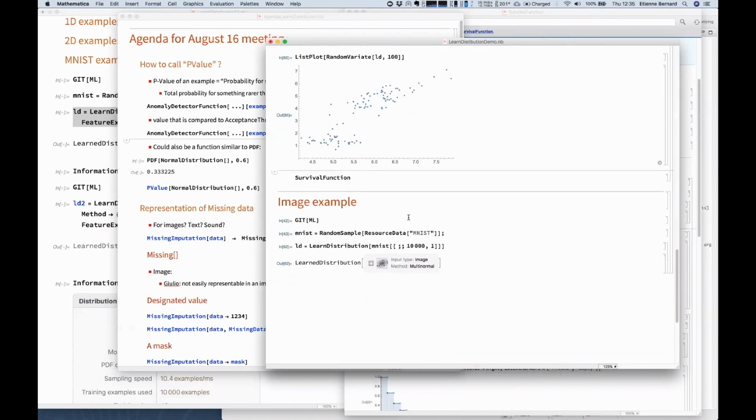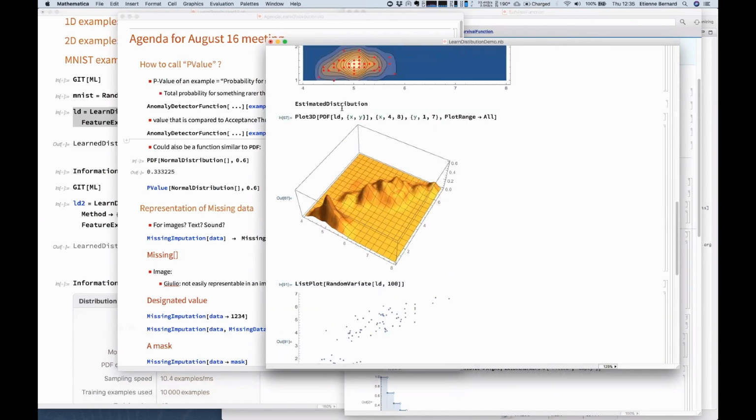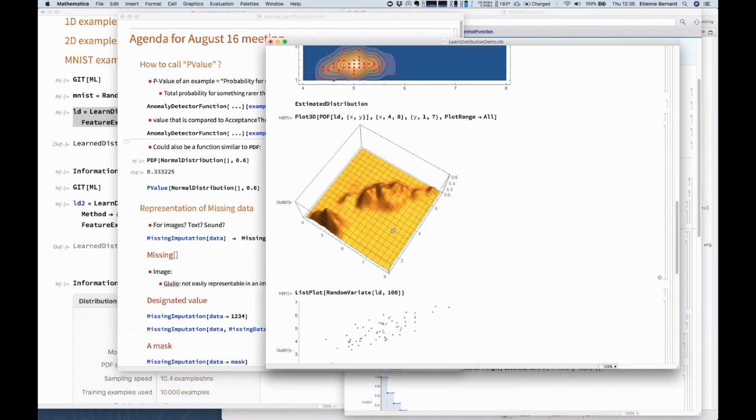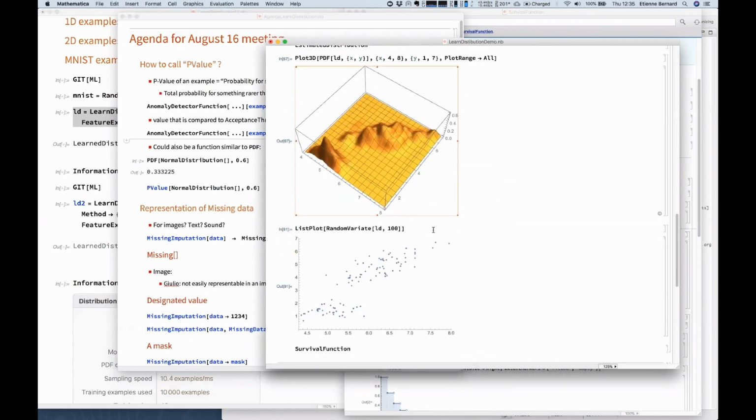Well, and you can also do the mean of that distribution, can't you? In that case you could, because it's numeric, but because it's intended to be arbitrary spaces, we didn't implement mean or other statistical things. It requires some kind of super robust statistics to work in these weird spaces.